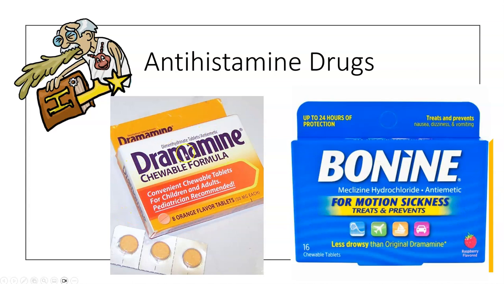And then your book showed Dramamine, which is dimenhydrinate, as your antihistamines. Just so you know, antihistamines also have anticholinergic side effects. Now, the main side effect with some of your antihistamines is going to be drowsiness. They make you sleepy. Dramamine can make you sleepy. If it's the less drowsy, like this one over here in the blue package, Bonine, meclizine is going to be less drowsy than dimenhydrinate.